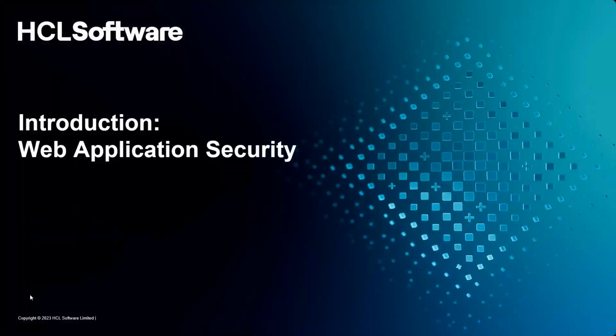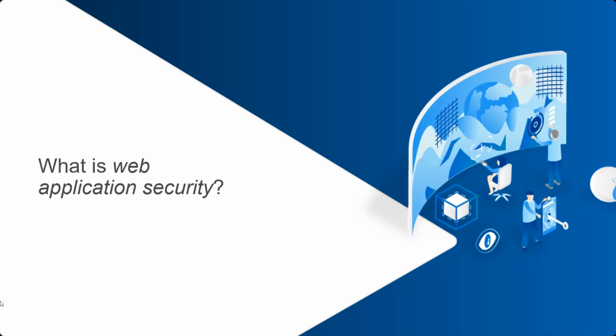Every presentation I give, I always like to set the context of what we're dealing with here in web application security. Not everybody is familiar with all the terms or the way that I approach the subject. So I'd like to start by just defining our terms here.